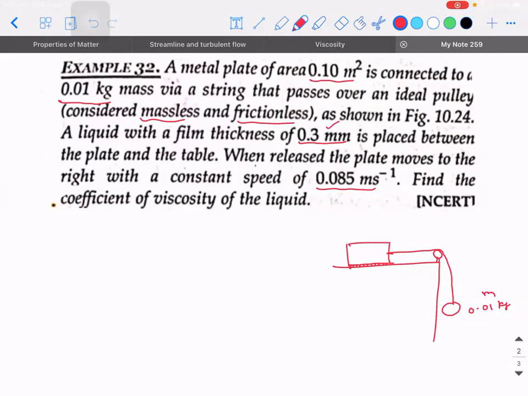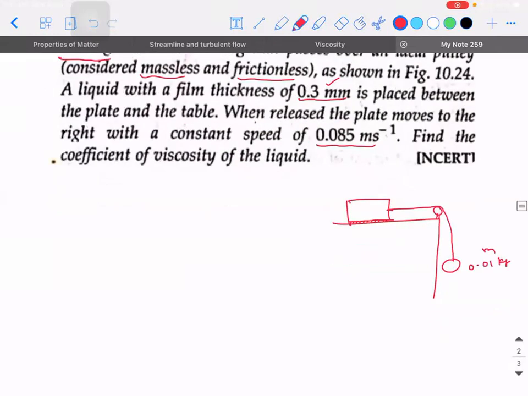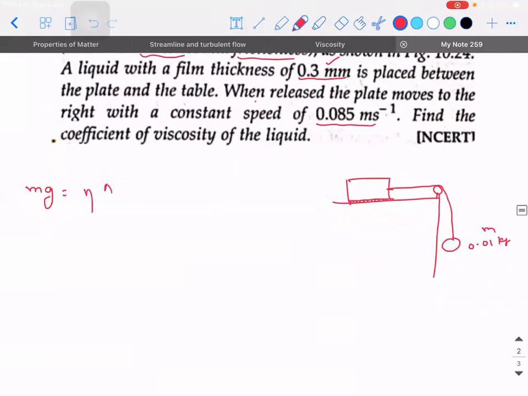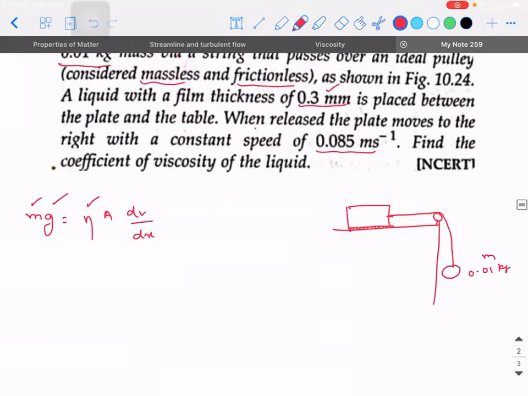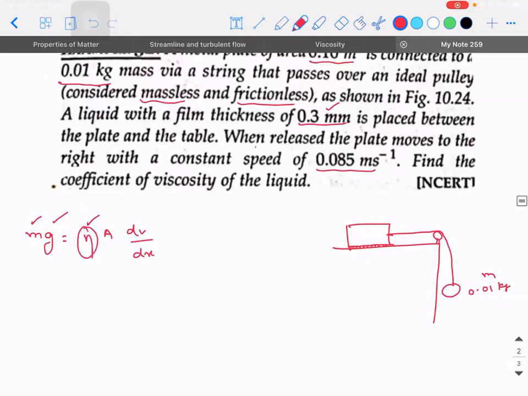When released, the plate moves to the right with a constant speed of 0.085 meter per second. Find the coefficient of viscosity. In the formula, sir, mg is equal to... very good, minus eta. Here you will not write minus, that is the external force. Correct? So you will take out the minus eta into A into dV by dx. So m is given, g is given. Eta is what we need to find.